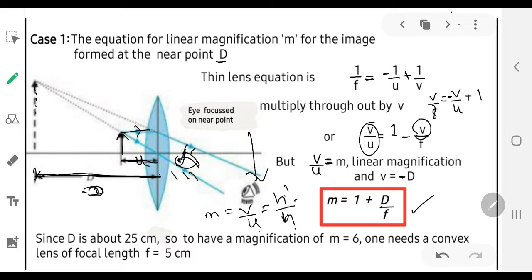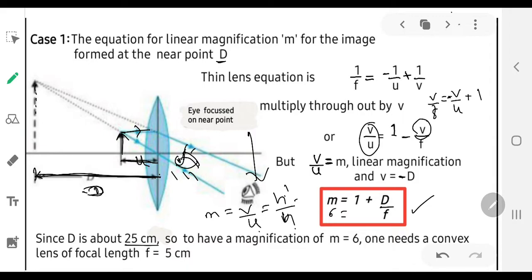Now for a normal adult, the capital D value is 25 centimeter. So to have a magnification of 6, one needs a convex lens of focal length 5 centimeter.